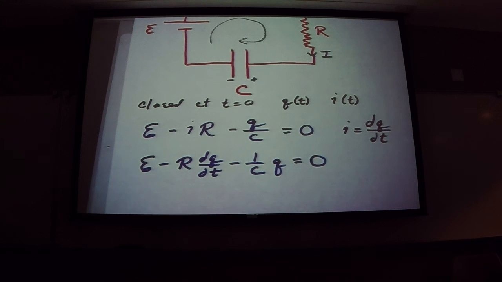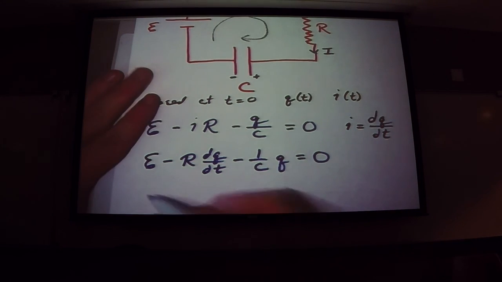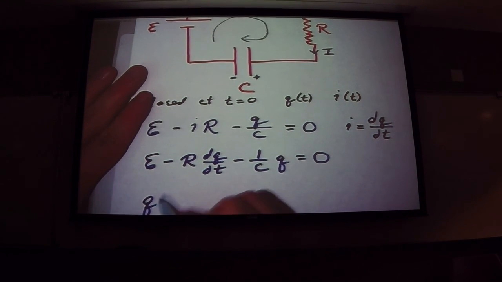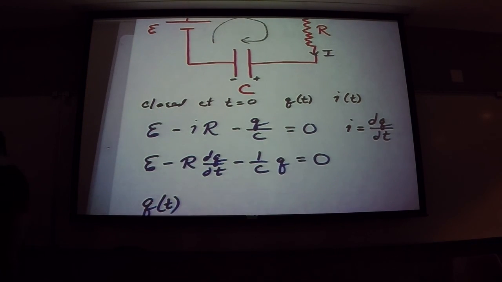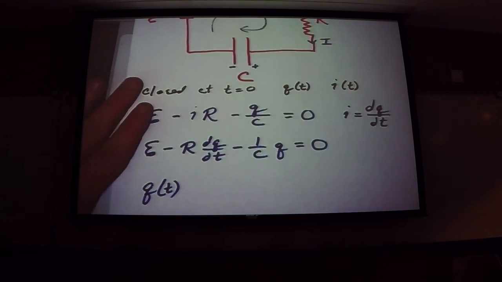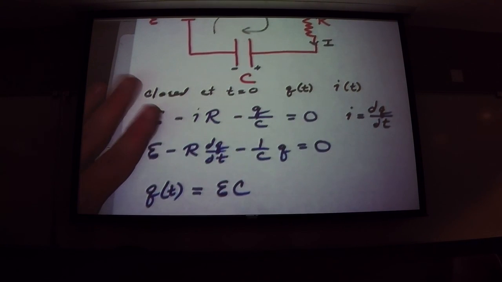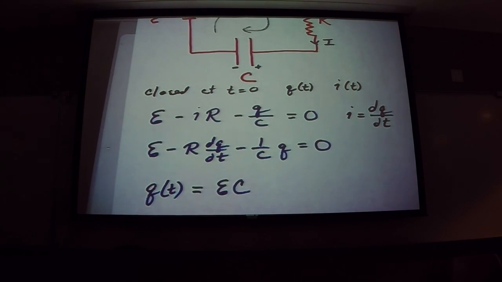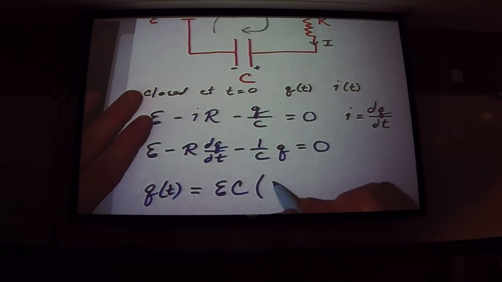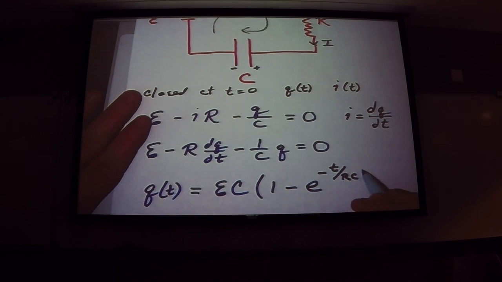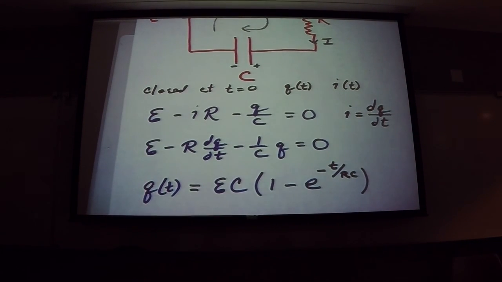The solution to this equation is that Q as a function of time is equal to EC multiplied by 1 minus e to the minus t divided by RC.